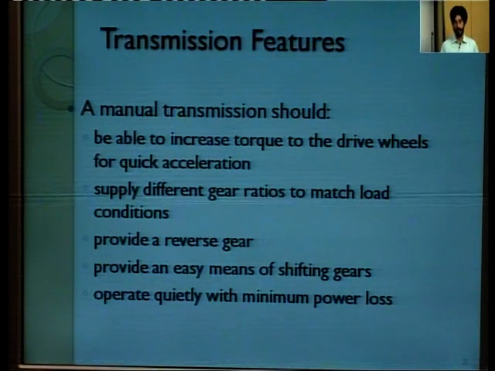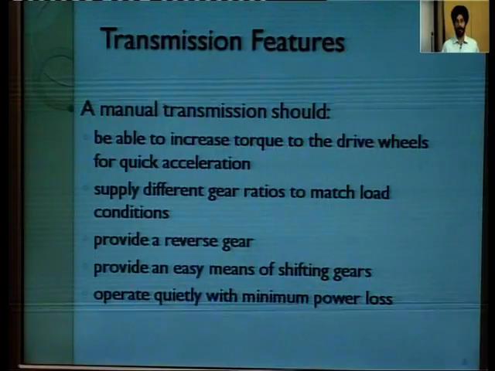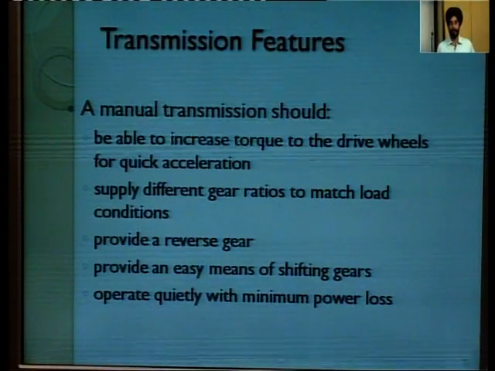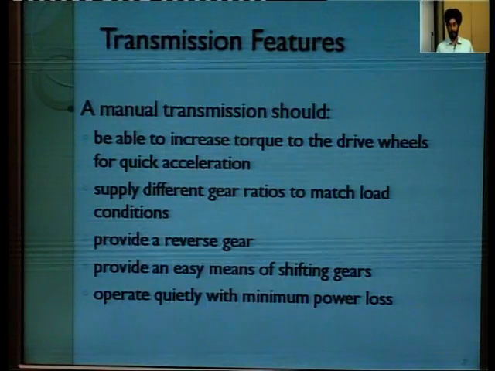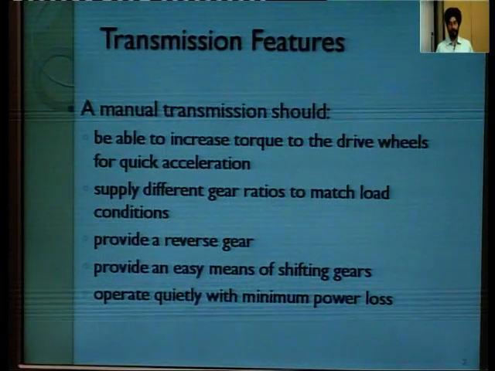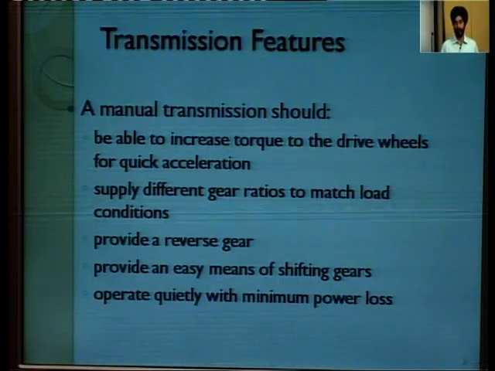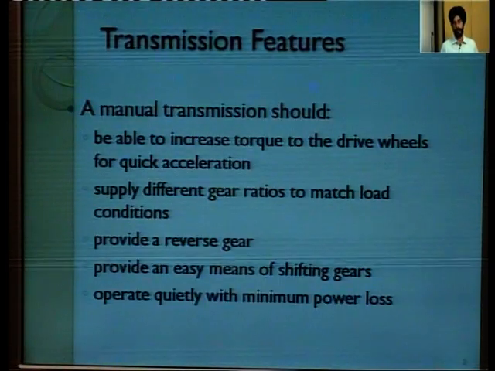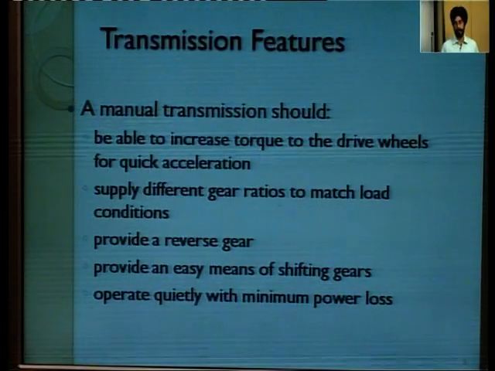In the last case, when vehicle is cruising at constant speed, say 80 km per hour on the highway, it requires lesser torque and higher RPM. So in motion, we are having different torque requirements and different speed requirements. All these requirements should be fulfilled by transmission system.